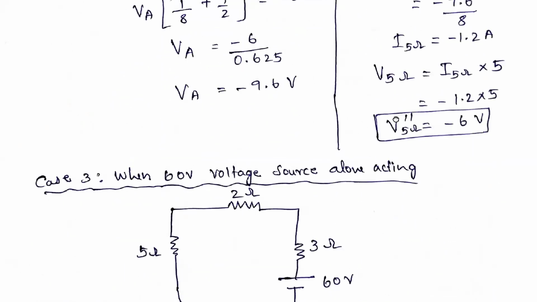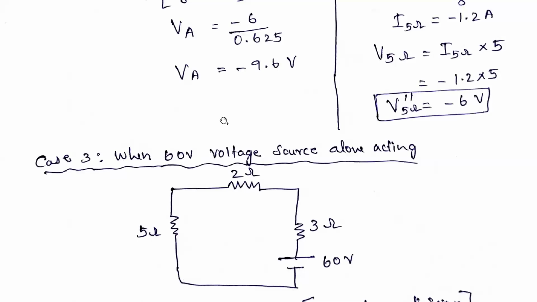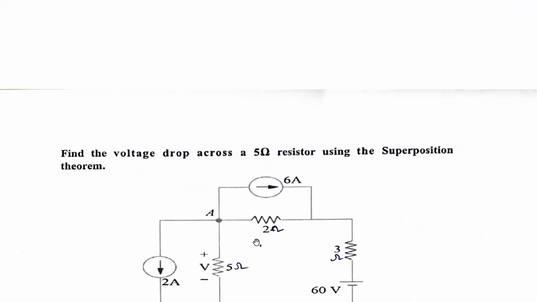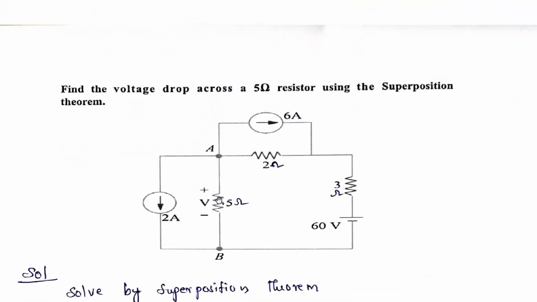Next, similarly, case 3: when the 60 volt voltage source alone is acting. The other two current sources, here one current source was there, here one current source was there, that we open circuited. If you see the circuit, here one current source is there, here one current source is there.